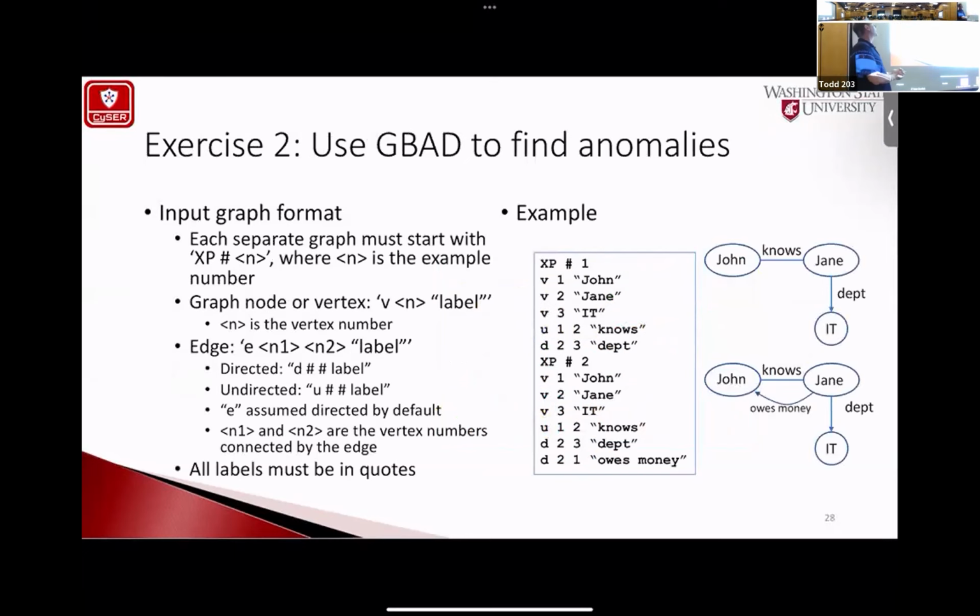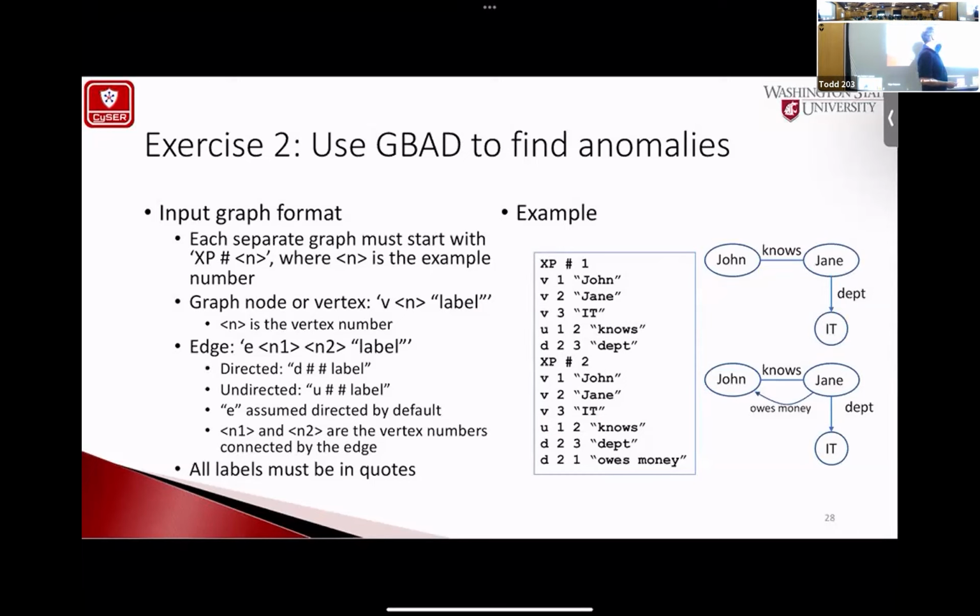So jumping right into exercise 2, we're going to run GBAD on a different graph. But first, there are a few nuances to the input format. First of all, the input to GBAD is typically a set of graphs. It could just be one graph, but usually it's a set of graphs, and we give each of those graphs a number.